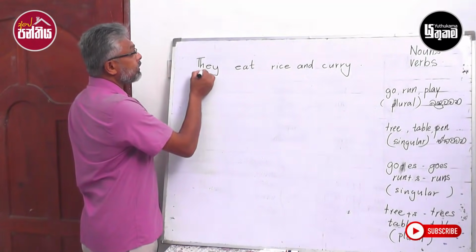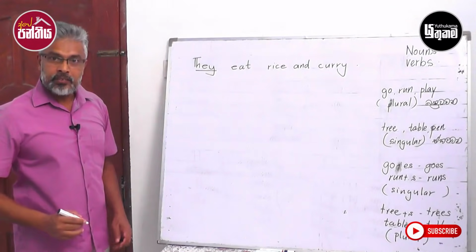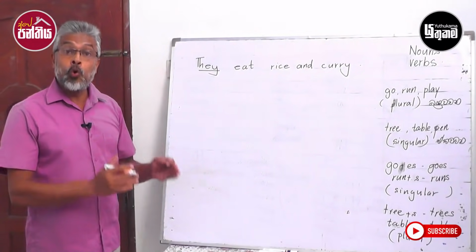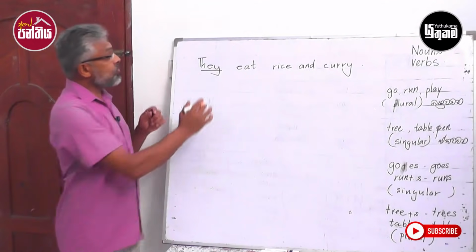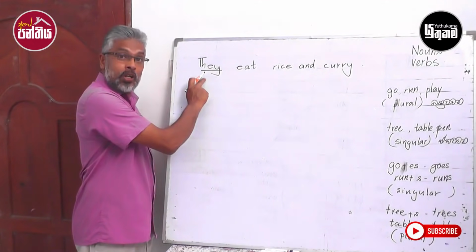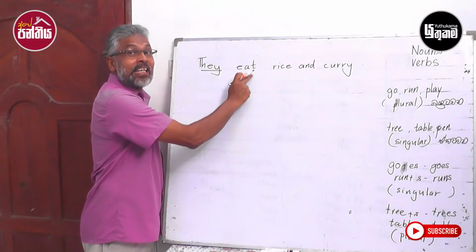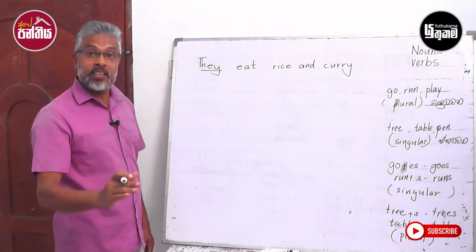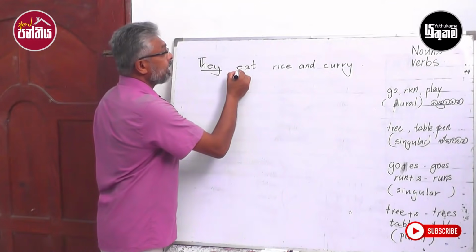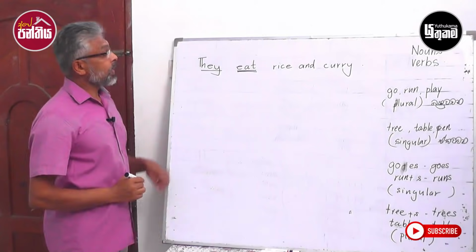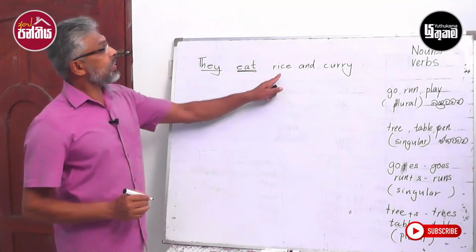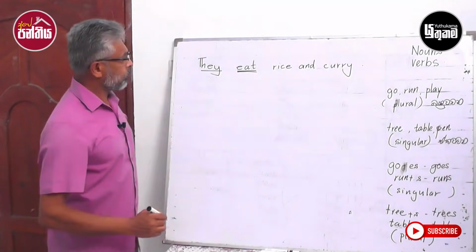The subject, they, or who? Because this subject is plural, you need to use a plural verb here, eat, that means khati. So here you use eat. They eat rice and curry.